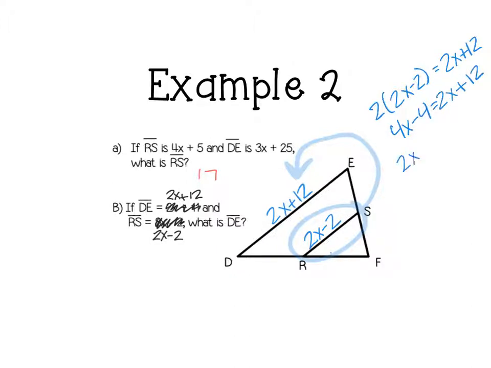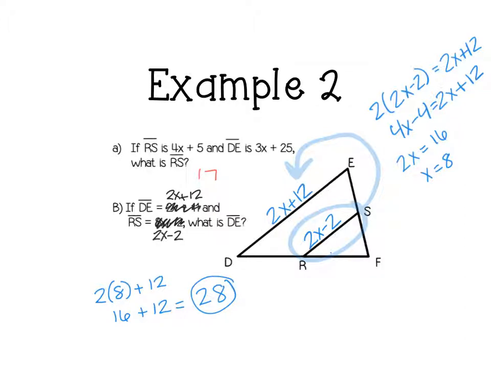So 2x equals 16, and x equals 8. But what it asked us for was DE, so we have to plug in 2 times 8 plus 12. That's 16 plus 12, which is 28. So DE should have been 28.